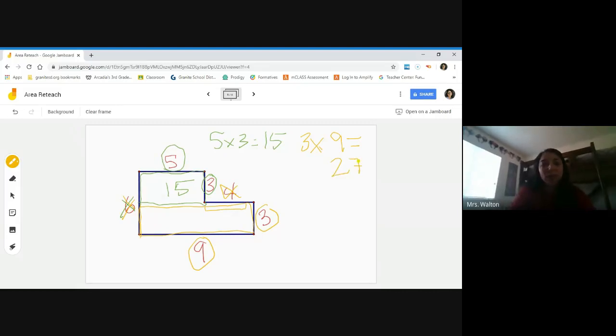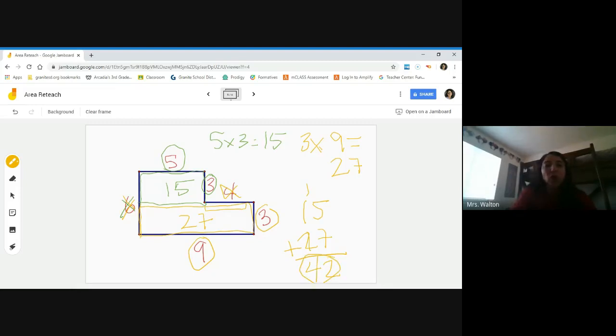So now I have my two numbers that I need. I'm not done yet. I can't just put 15 and 27. I have to add those numbers together to figure out the whole entire shape. 5 plus 7 is 12. 1 plus 1 is 2, plus 2 is 4. So my answer is 42.